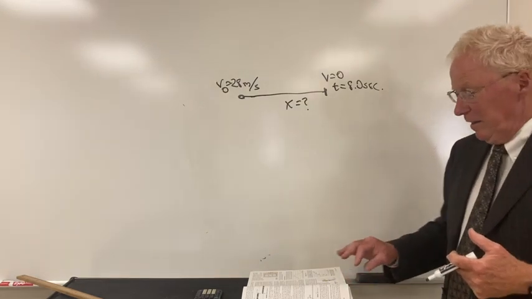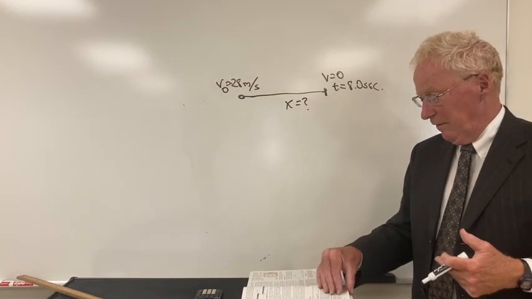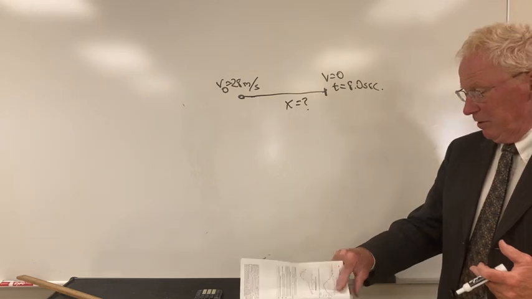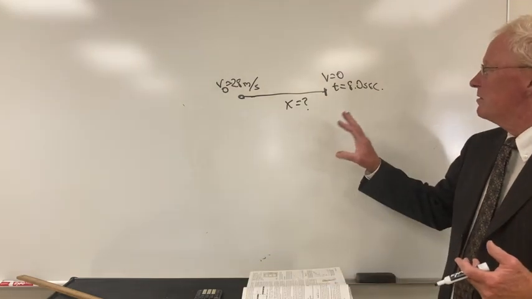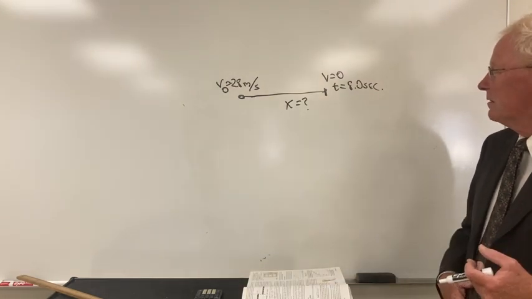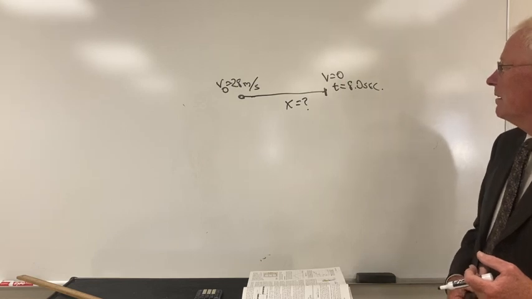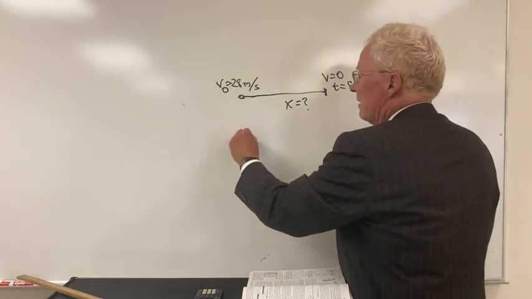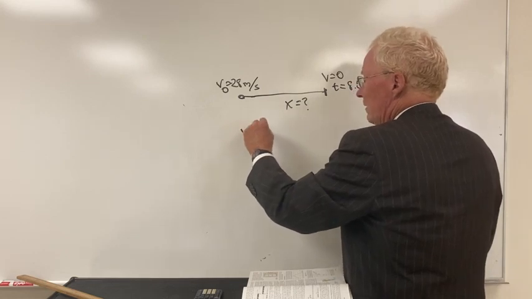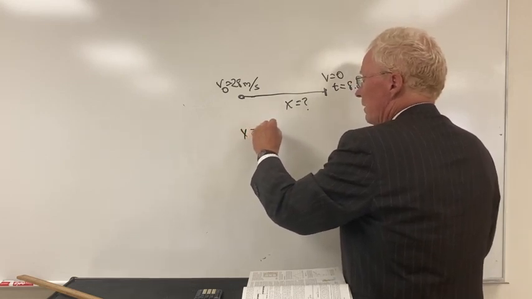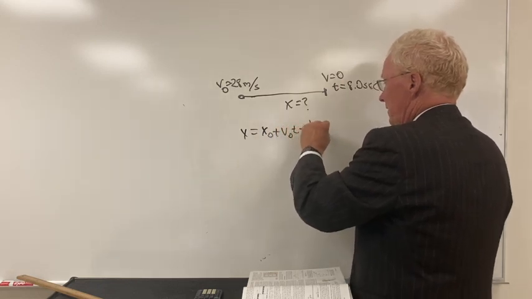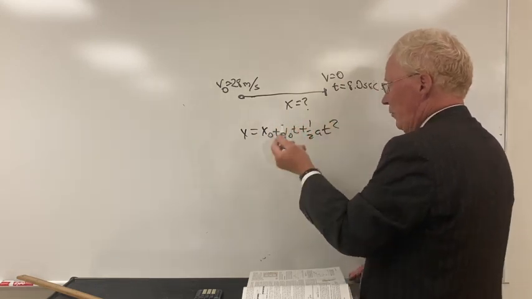Now, if you look at our equations from before, there's no equation where we can just stick it in one thing and solve it. If we use x is x naught plus V naught t plus 1/2 at squared, well, we don't know the acceleration.